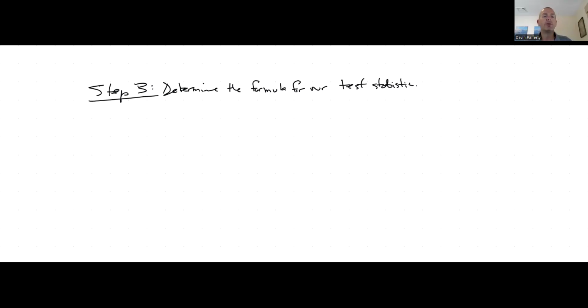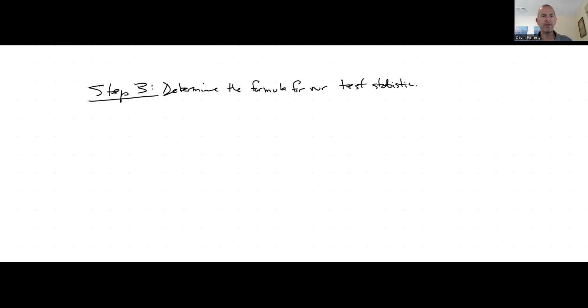So, in order to get to step 3, we're going to ask ourselves a question that you have heard before when we did confidence intervals. But I just want to point out, confidence intervals and hypothesis testing are not related. Yes, they ask the same question, but they are two totally different things. Confidence intervals are looking at a range of values. Hypothesis testing is comparing against a specific value.